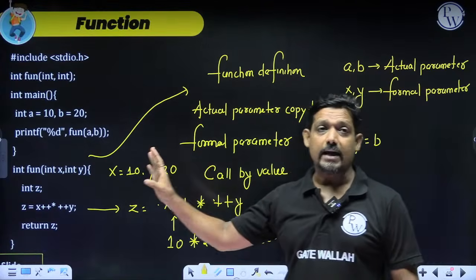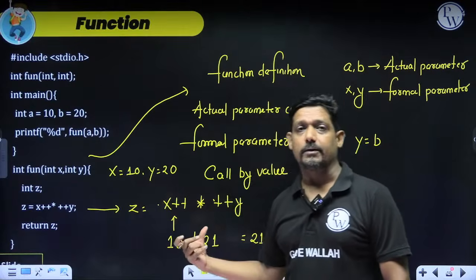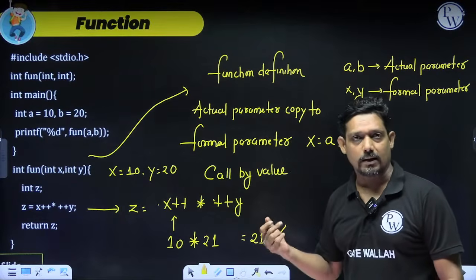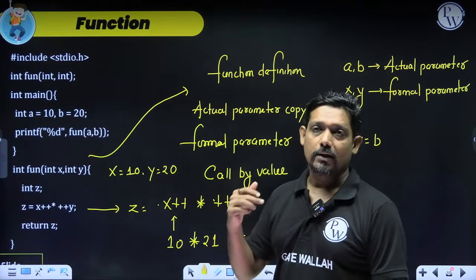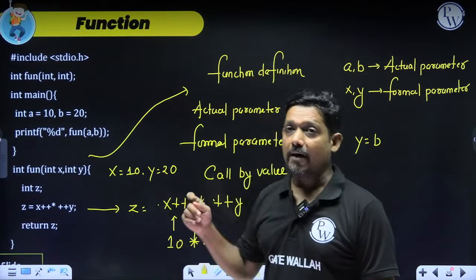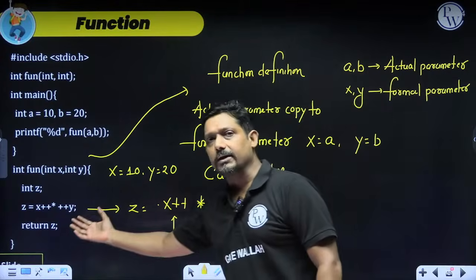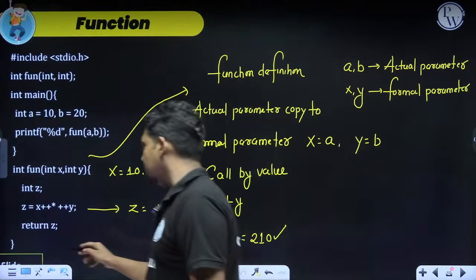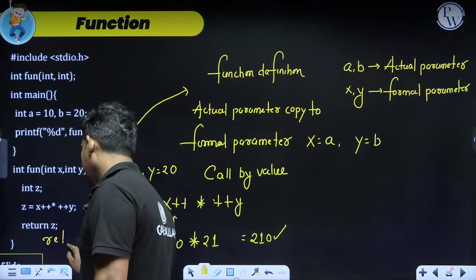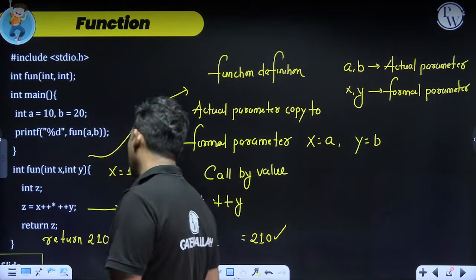I am not saying x is 10, it remains 10 only. After using it, it will be updated to 11. But right now it will be 10. So 210, and then you say return z. So it will look like this: return 210.